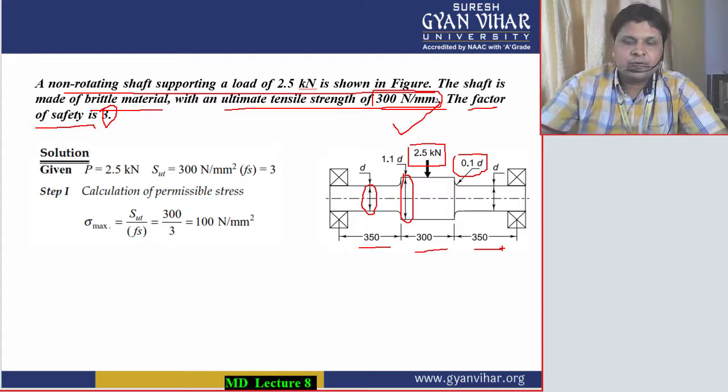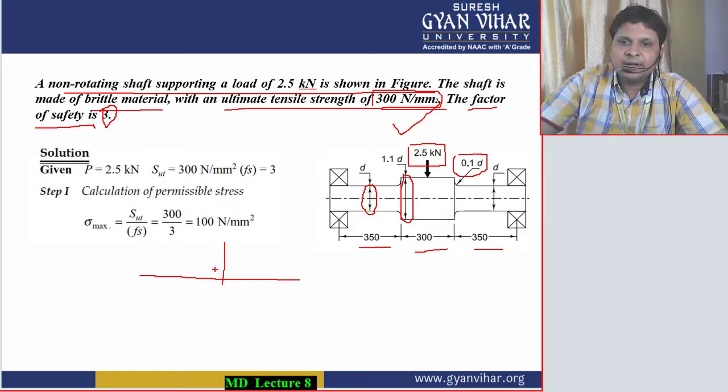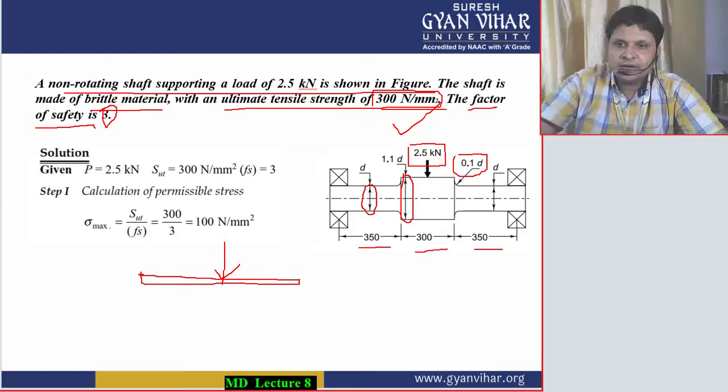First of all, in this question, since it is dealing with the bending load, we will have to consider the stress and strain diagram. If the 2.5 kilonewton load is acting at the center, you can see it is at the center position of the complete shaft. 350 here, 350 here, and in between it is 300, and in between the 300 you have the 2.5 kilonewton load.